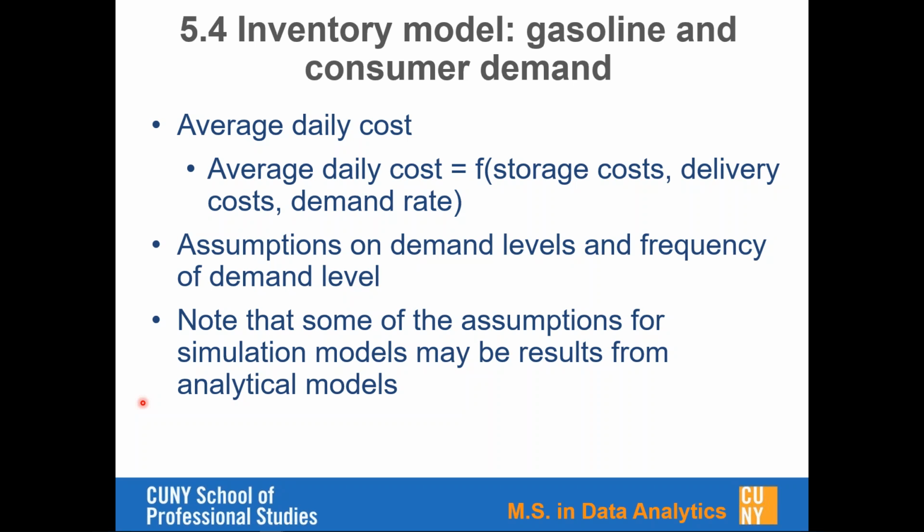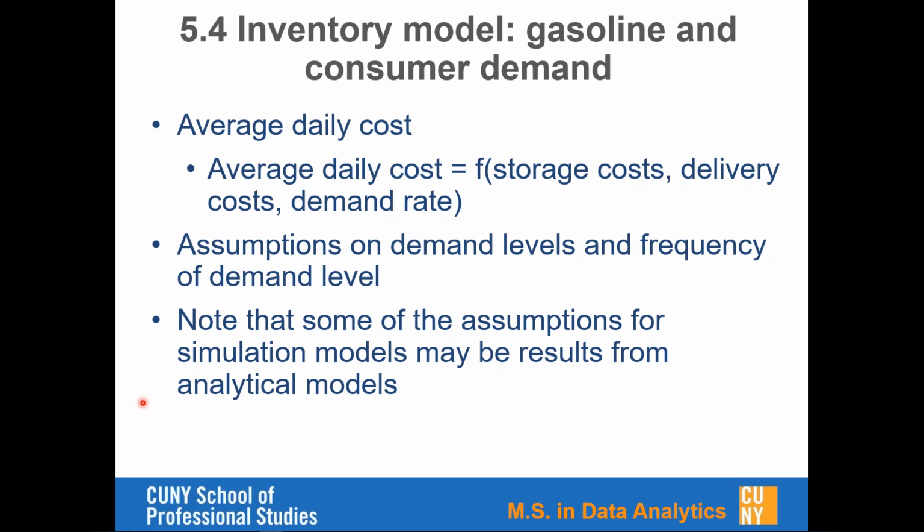The average daily cost for them could include putting something in the warehouse, so that is a storage cost. On the other hand, they have to deliver once there is an order, so they incur some sort of delivery cost.